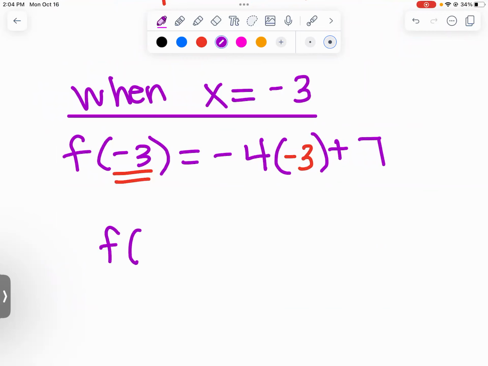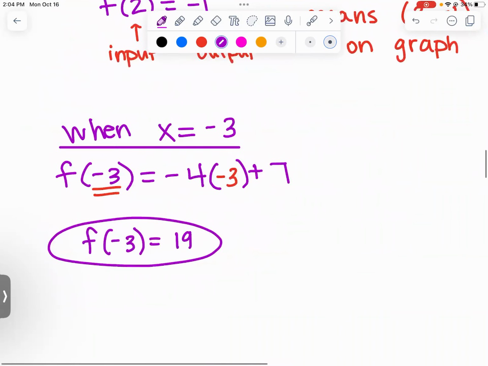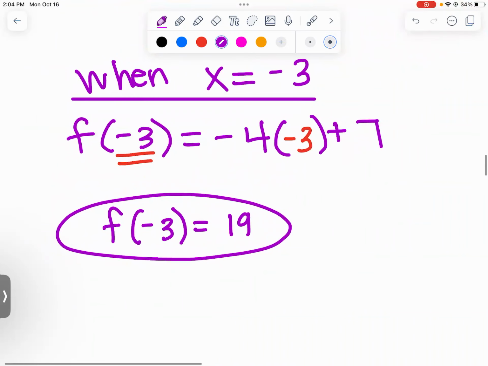So f of negative 3, when we plug negative 3 into our function, our output is 19. Okay, what does that mean? We have the coordinate negative 3 comma 19 on the graph. Input negative 3, output 19.